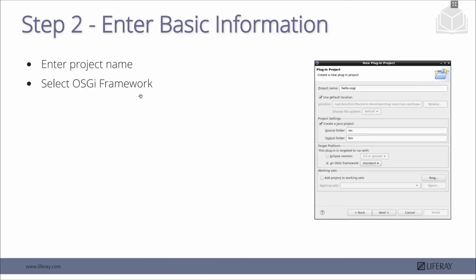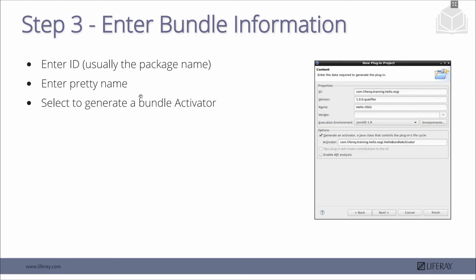That's step number 1. Step 2, got to enter some basic info here as we create this plugin project. So the project name and what OSGi framework are we going to be developing for? We're going to keep it generic. Step number 3, we got to enter some of the info of the bundle. What is its name? What is its version number? And specifying this thing called a bundle activator.